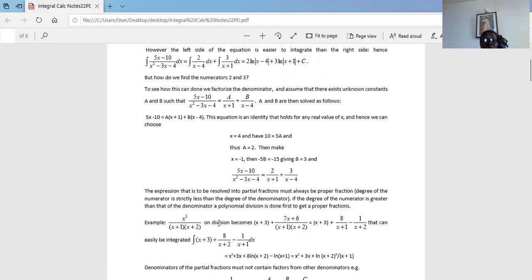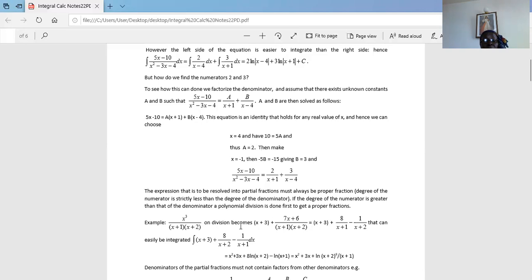Then in that case, we do division. We divide the numerator by the denominator. And in this case, when we divide, we get x plus 3 plus 7x plus 6 over x plus 1 into x plus 2.